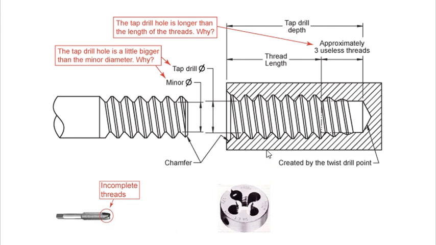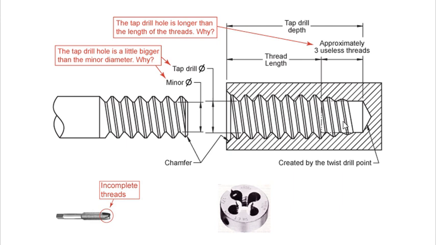Okay, so here you can see the diagram. From here to here is your tap drill, because you need the internal, so internal thread. This one, of course, the external thread. And here, this is your minor diameter. This one is your thread drill diameter.